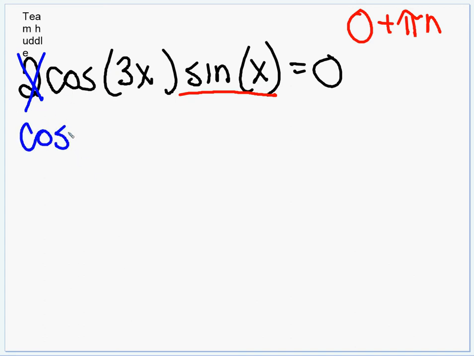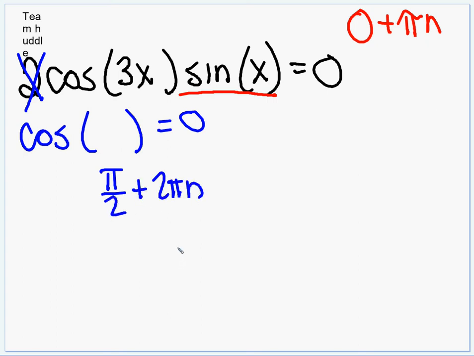The cos of something is equal to 0. Well, where does cos equal 0? At pi over 2 plus 2 pi n, and at 3 pi over 2 plus 2 pi n. Can we combine these? Yes, they are straight across from each other. So let's combine them into pi over 2 plus pi n.